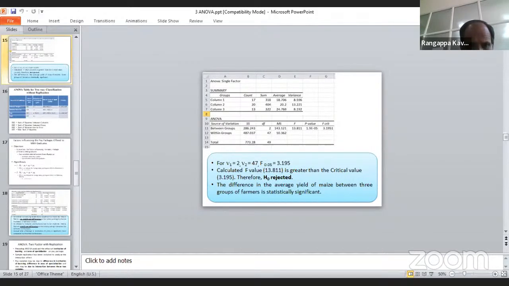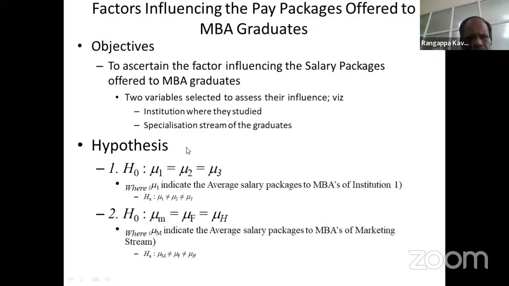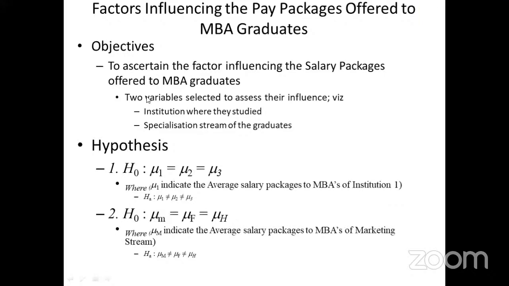Yeah, mu1 is the average salary package of MBA graduates. Of course, I've taken the alternate. The slides are not moving. Oh, is it? Stop share. Chetan, is it visible now? Yes, sir. Now it is visible.